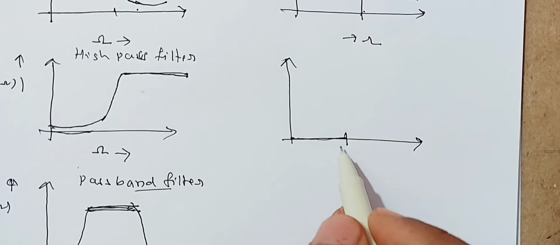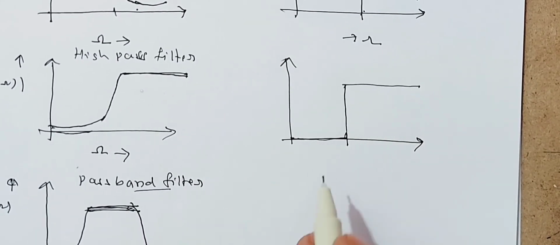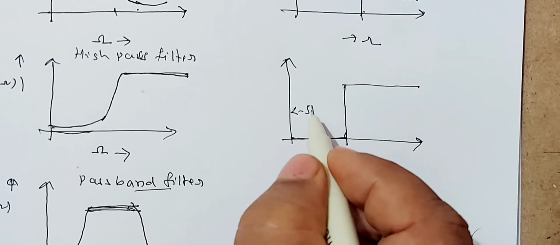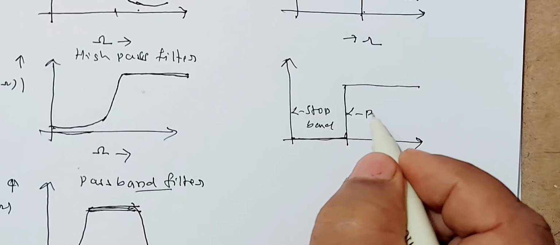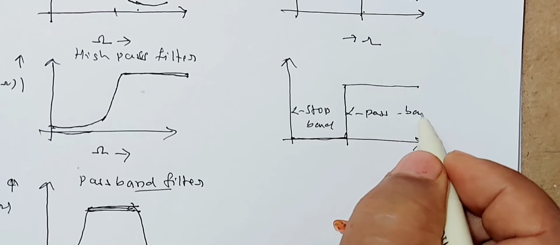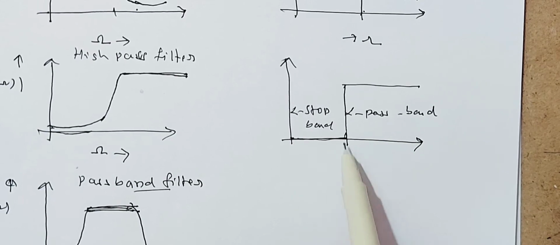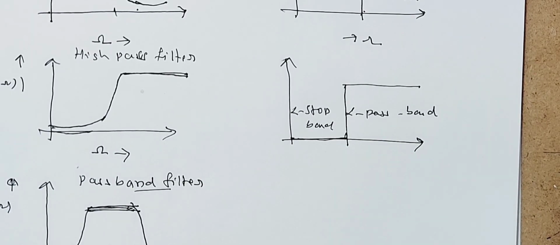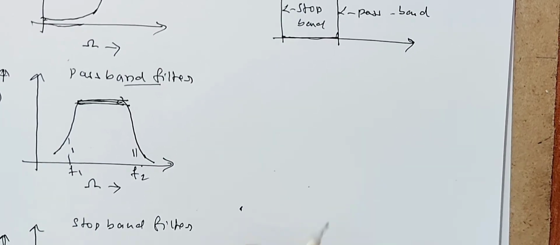After the cutoff frequency, the output is allowed. This is the stop band. This is our pass band. Thus, in the ideal high pass filter, up to a low frequency the output stops, and after a certain high frequency the output is allowed.